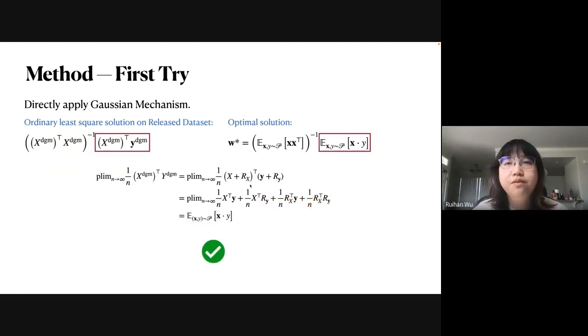And the first term, again because x and y are bounded, will converge to the expectation as well. This is what we need, which is great.